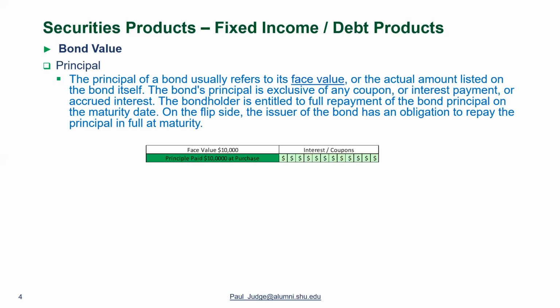And in return, the issuer agrees to pay a certain number of coupons or interest payments or dividends over the life of the security to maturity. And at maturity, when you hit the maturity date and all the interest or coupon payments have been made, the investor will get back their principal. That's one type of bond.